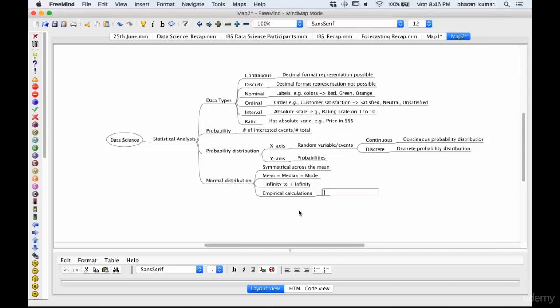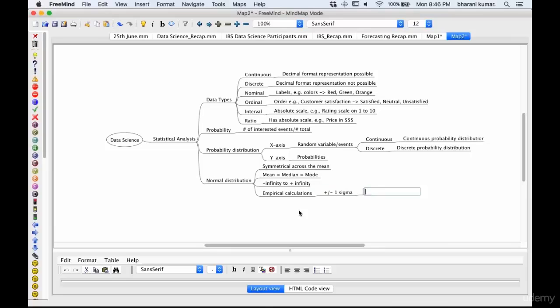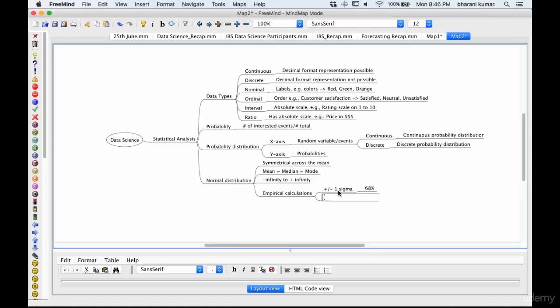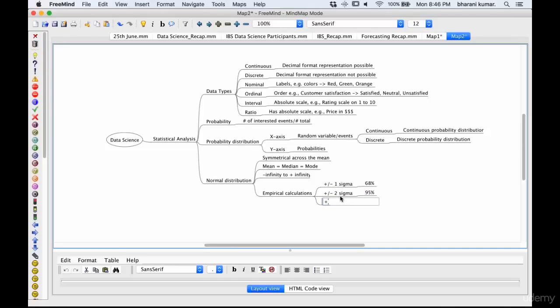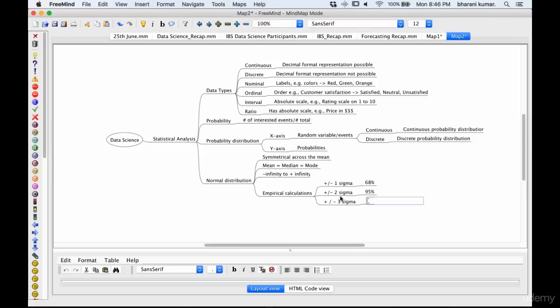If your data lies between plus minus 1 standard deviation or 1 sigma, you'll have roughly 68% of observations which fall within that range. If the data falls between plus minus 2 standard deviations, you'll have roughly 95% of the observations which meet customer requirements. If it's plus minus 3 sigma, then you'll have roughly 99.73% of observations which meet your customer requirements.